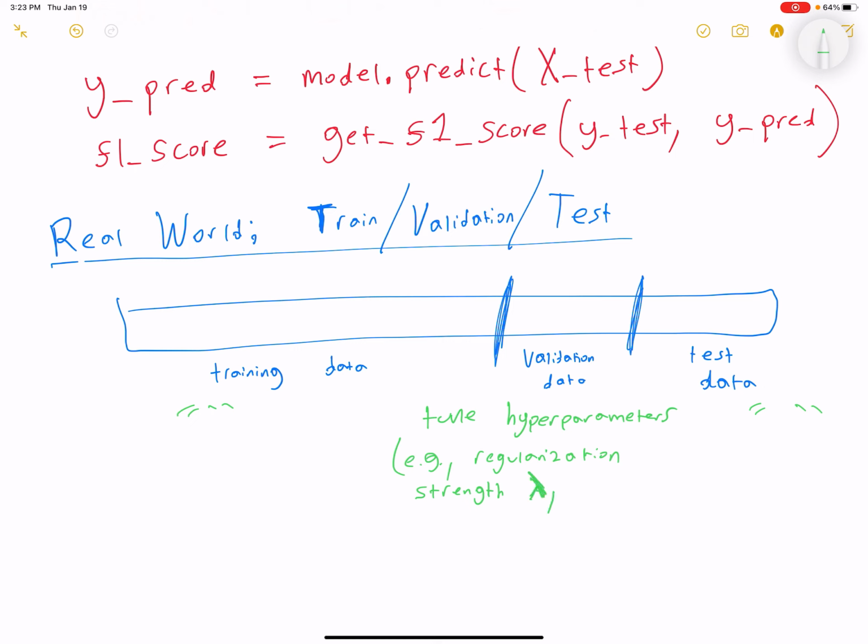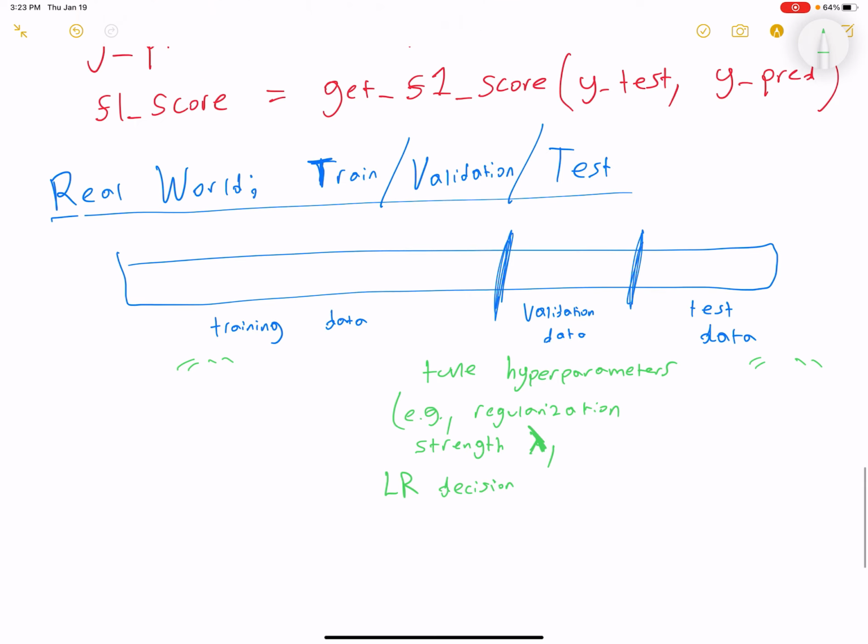Another example is for logistic regression, the logistic regression decision threshold, which we said last time can arbitrarily be set at 0.5 or 50%, which makes sense intuitively, but it doesn't have to be. So that's another example, and I think these are the two hyperparameters we've learned about so far, but there's many others that we'll learn about throughout this class.